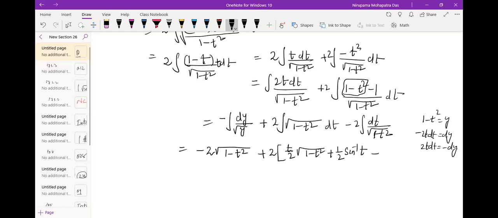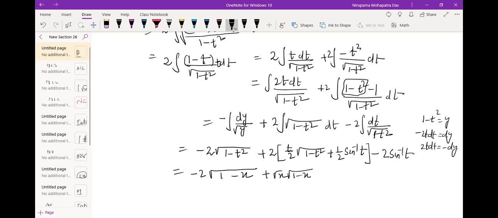Now minus twice of sine inverse t. So t is what? Root x. So you can write here 1 minus x, plus twice, you can multiply this, t meaning root x, 1 minus x.